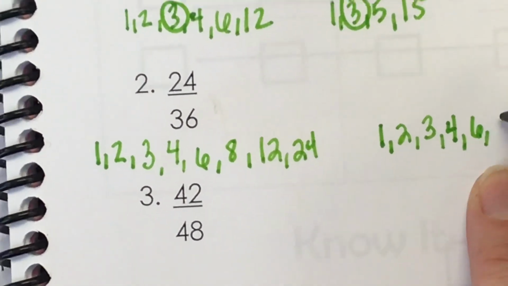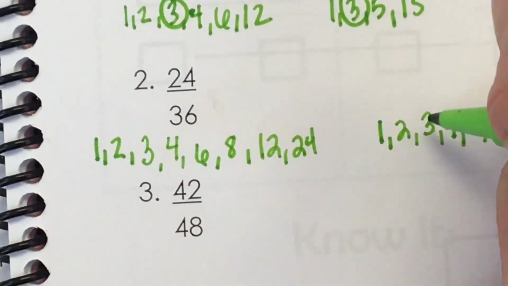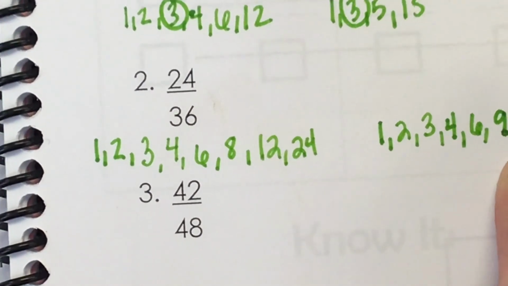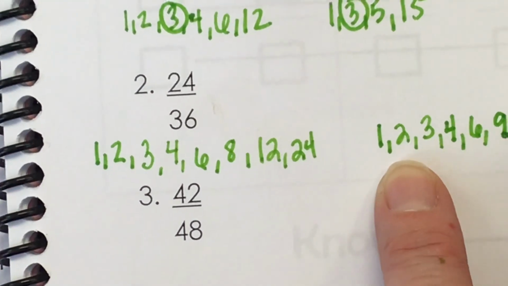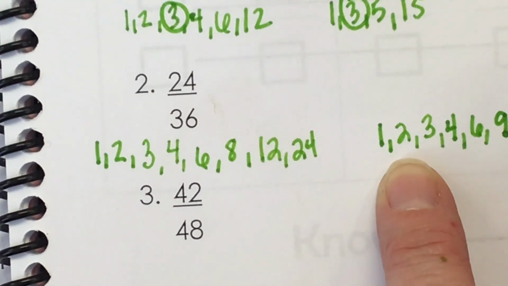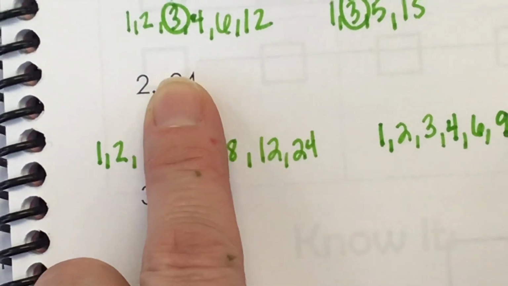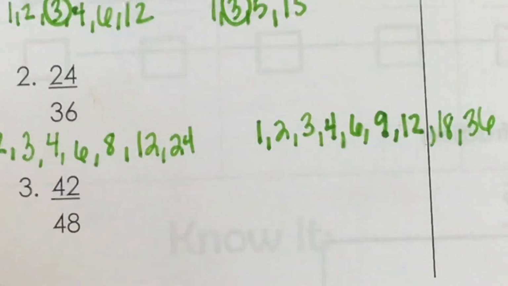So you have 4, then 6, then you have 9. Then 3 times what for 36? 12. Then 2 times 18. 18. 1 times 36.